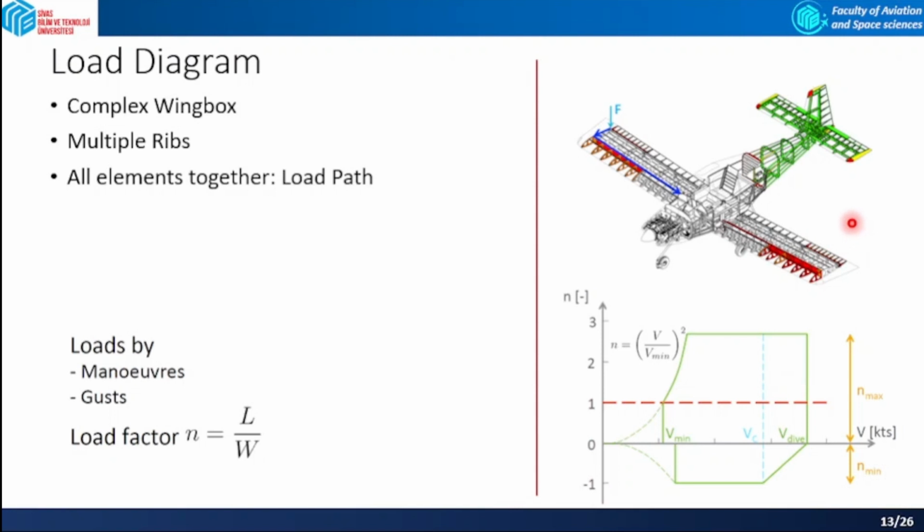So when a load is applied at the wing tip, for example, load F, the structure must transfer this load to the center of gravity of the plane to maintain equilibrium with other forces.